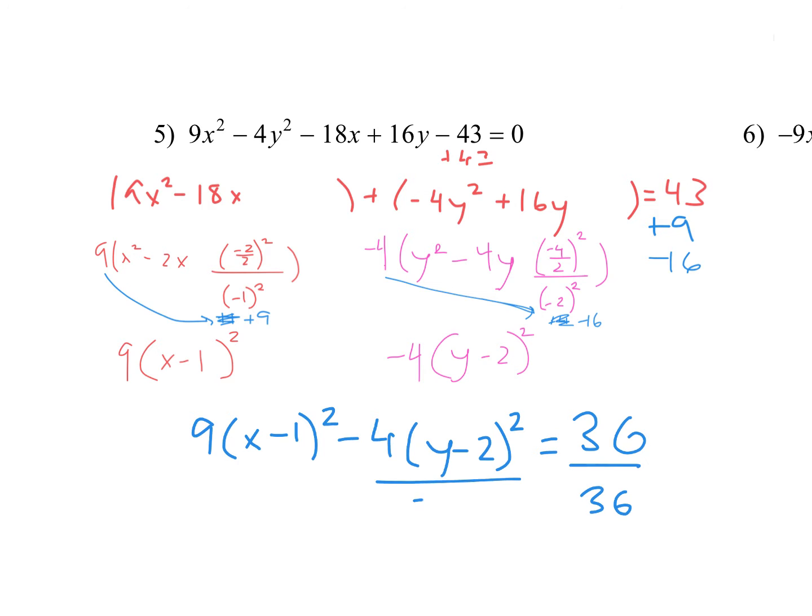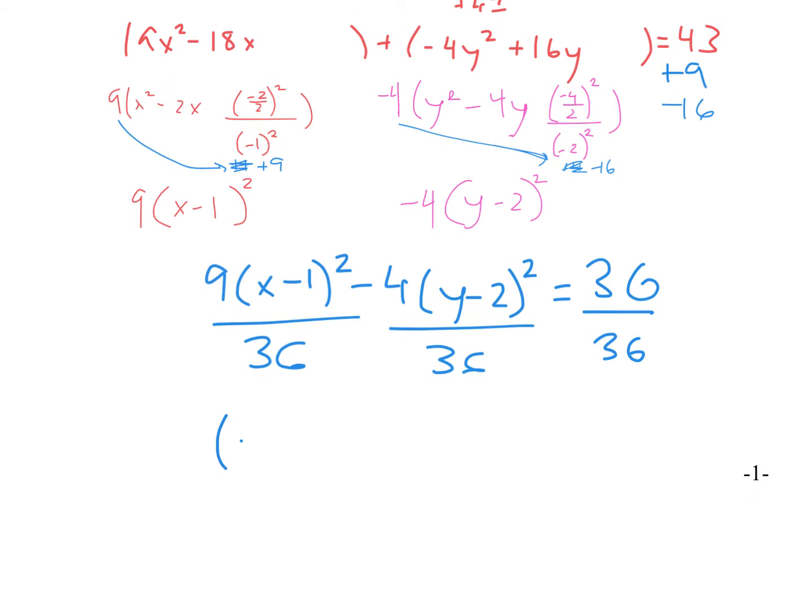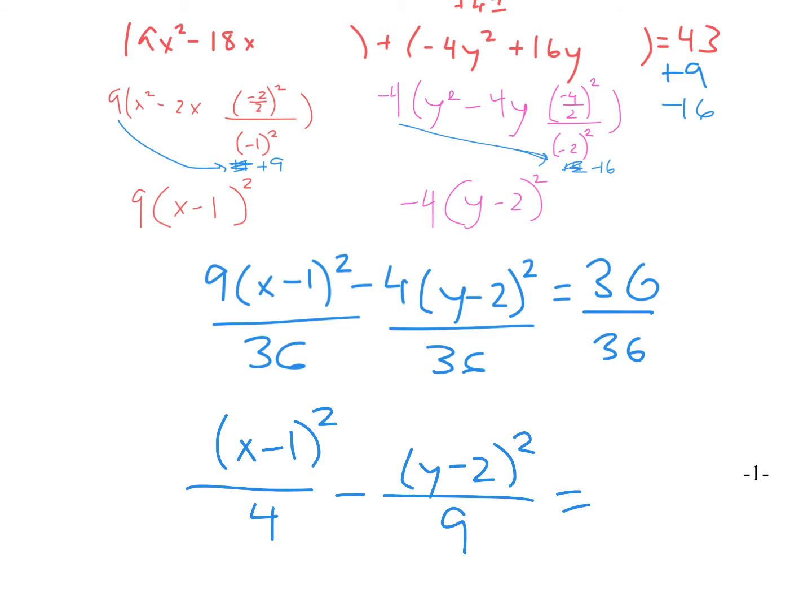Awesome. Divide everything by 36. So I have x minus 1 squared over what? 4. Minus y minus 2 squared over what? 9. And that's equal to 1.